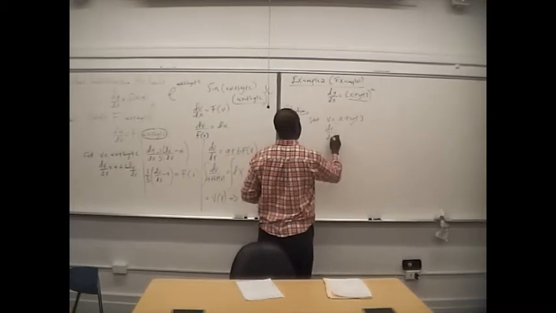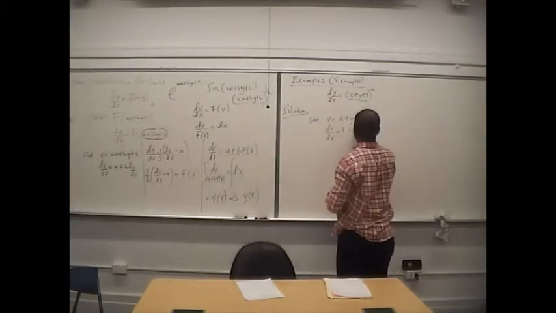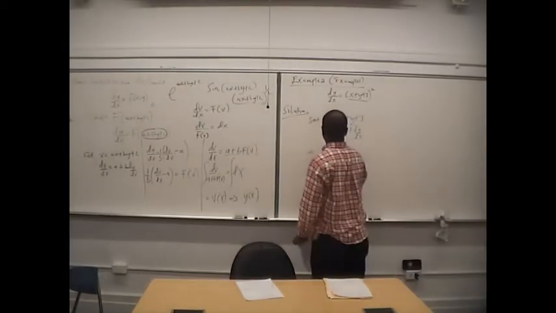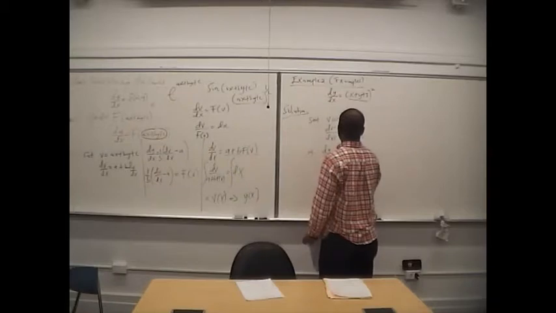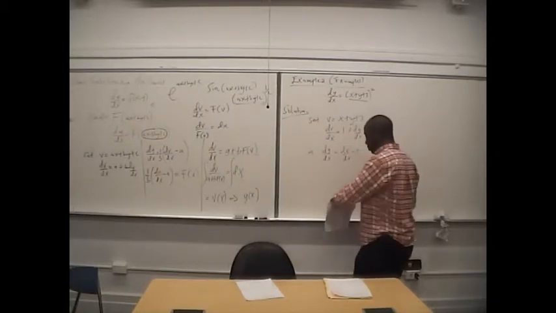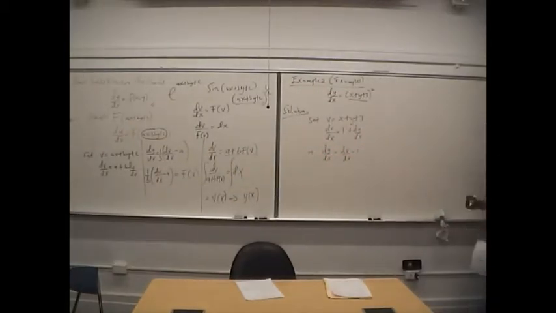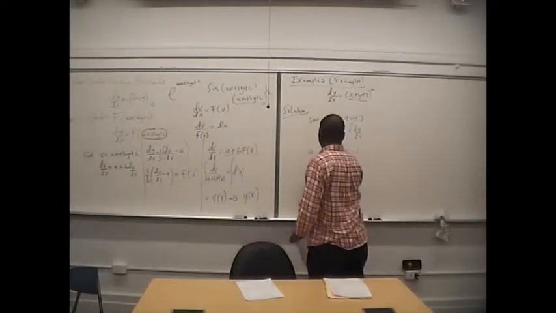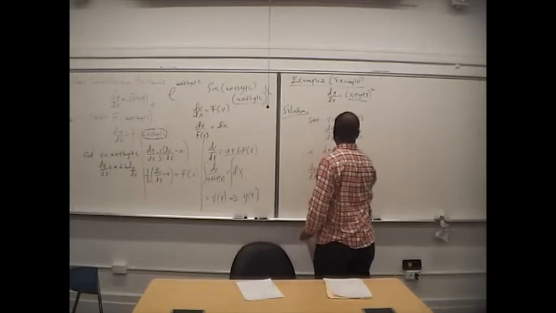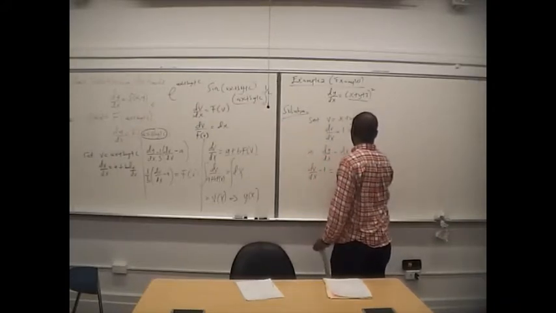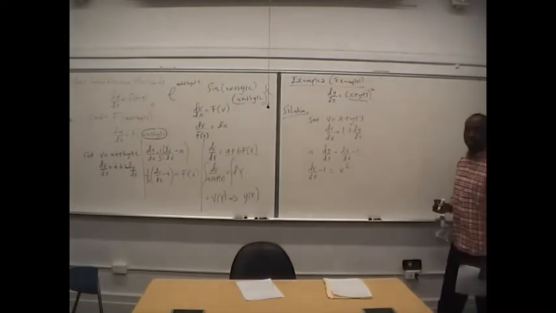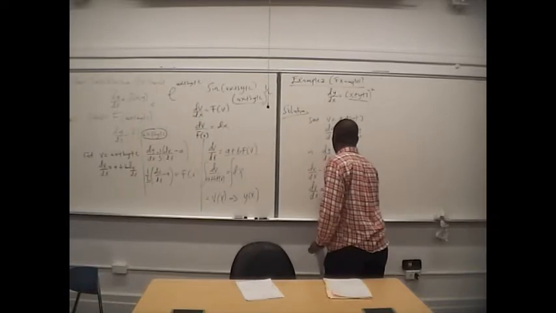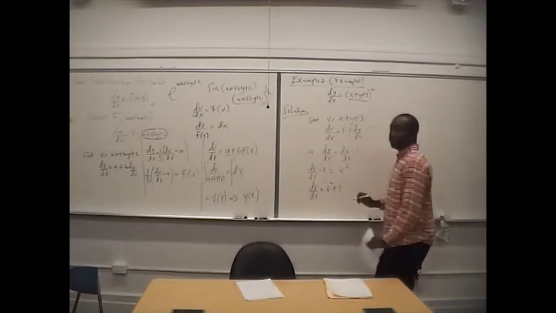So dv/dx is 1 plus dy/dx, which implies that dy/dx is dv/dx minus 1. So I take this, replace my left-hand side, and now I have dv/dx minus 1 equals v squared. And so I have dv/dx equals v squared plus 1.